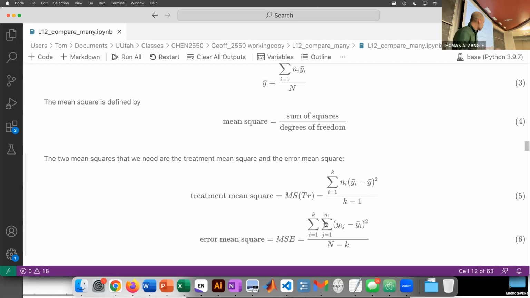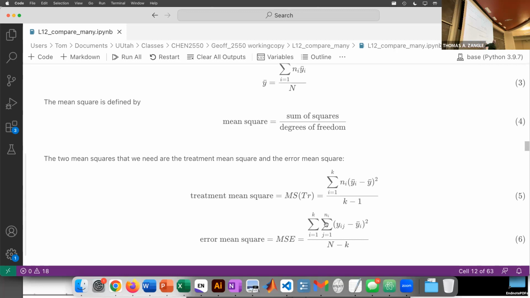The error mean square: remember the other side of this ANOVA. In ANOVA, we're comparing how different the group means are from one another. That's captured here. We're comparing that to the variance that we observe within the data, and that's what's captured down here in this error mean square, or MSE.